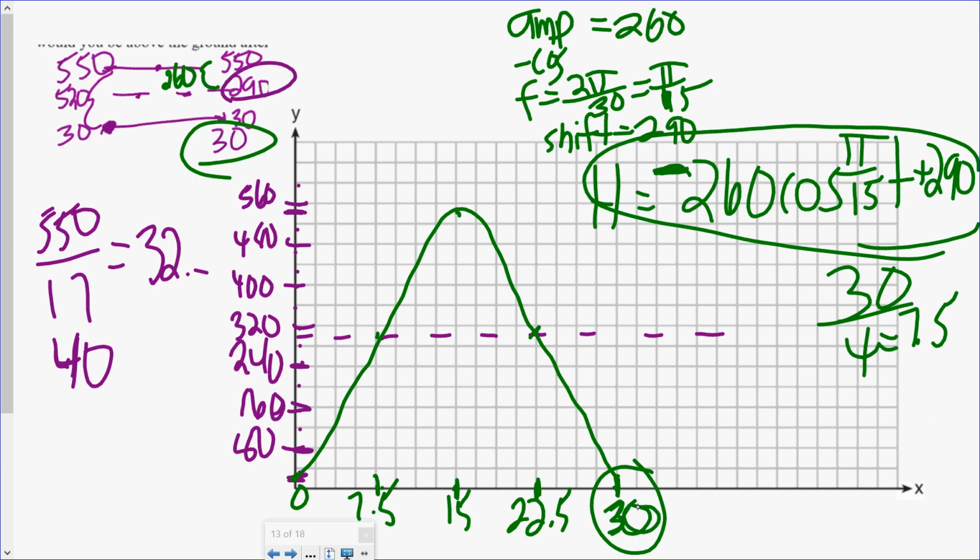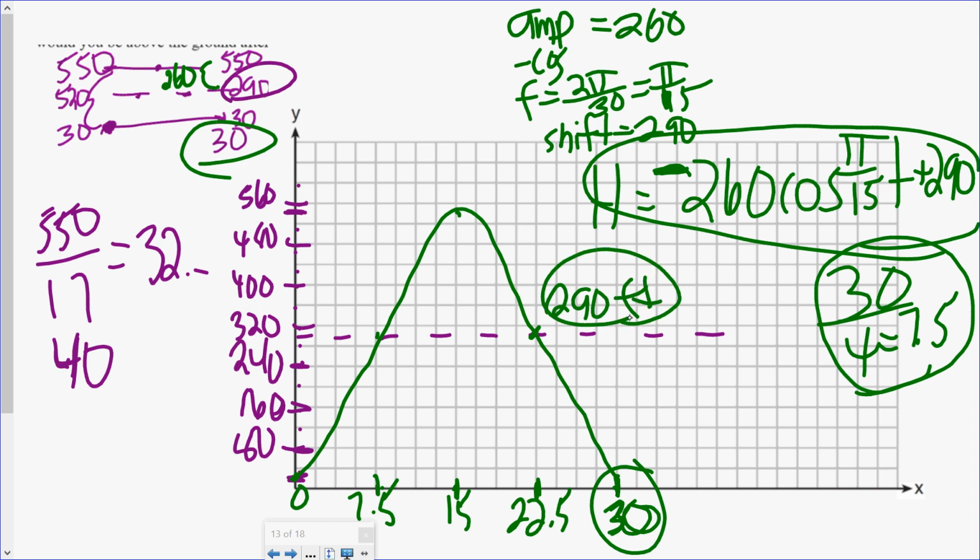So again, if I'm graphing something, I don't need to fill in everything, but it's possible they might ask you a question where you may need to, like here, to get how much each dash is, I'm dividing the period by 4. So what's the height? The height is at the midline, which is 290 feet.